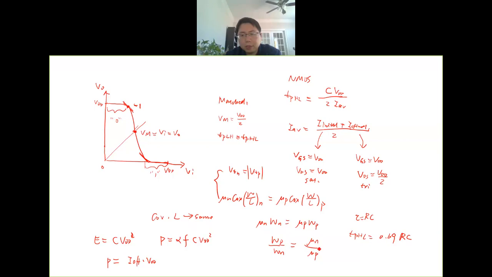So the transistor width ratio is inversely proportional to the mobility ratio. And you know, for the NMOS, electrons move faster than the holes in the PMOS, and then mu n is larger than mu p. So actually, PMOS Wp will be larger than Wn if you want to reach this matched condition.